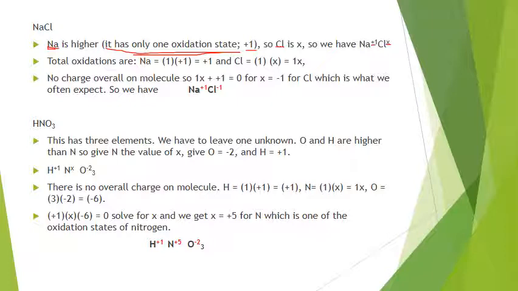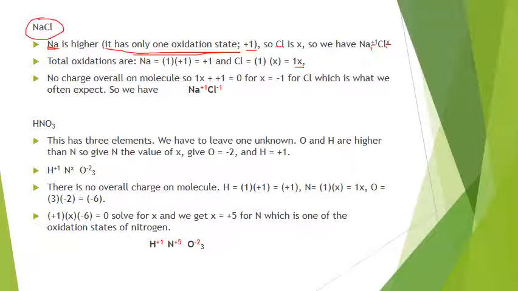Okay, so total oxidation numbers for sodium is 1 times +1, and chlorine is 1 times X, or 1x. Again, this molecule overall has a neutral charge.